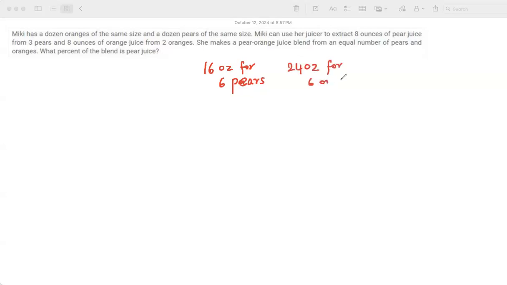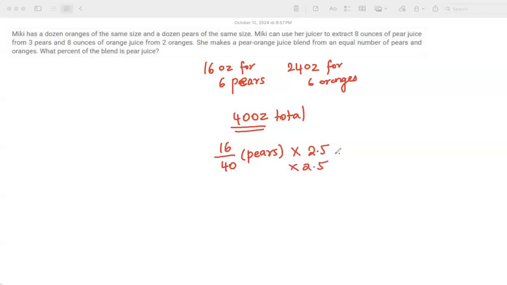And then I added the ounces together and I got 40. The pear juice is 16, so that would equal 16 over 40. Then I did times 2.5 on both sides, which gave me the fraction 40 over 100.